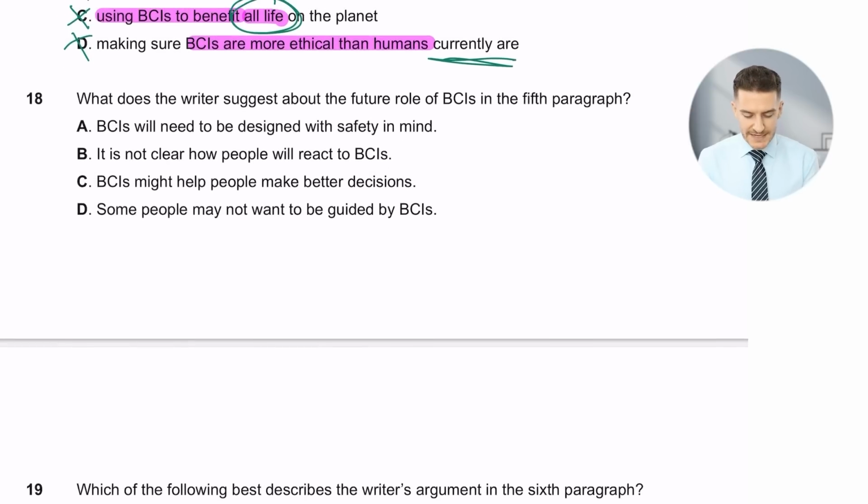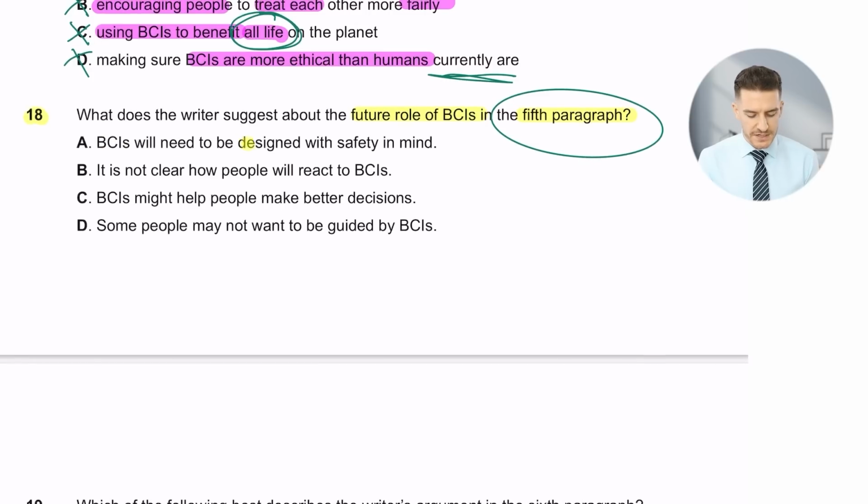Let's move on to 18 now, which says, what does the writer suggest about the future role of BCIs in the fifth paragraph? Okay, fantastic. Again, we know exactly where to look. BCIs will need to be designed with safety in mind. It's not clear how people will react to BCIs.